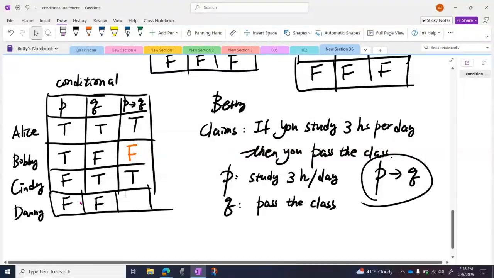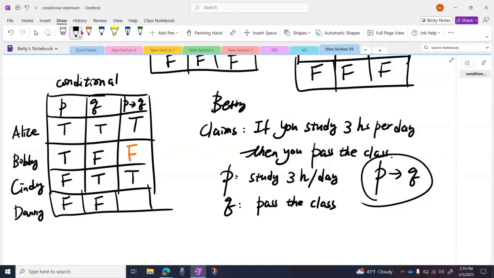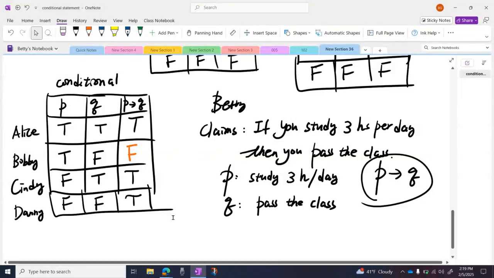When the antecedent is not met, it really doesn't matter if the result occurs, if you pass or not pass. That's not what I claimed, right? So logically it will not make my claim false. So it's true. Okay, so that is the truth table for the conditional.